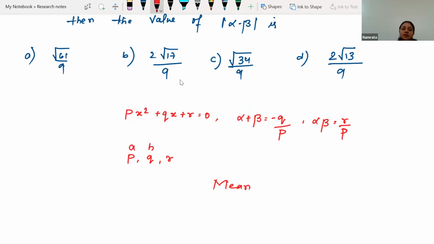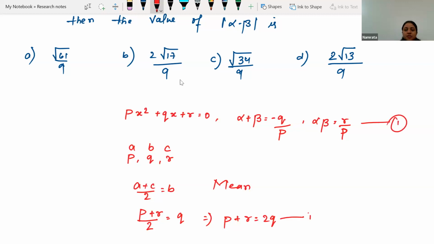If a, b, c are in arithmetic progression, then a plus c by 2 is equals to b, right? Similarly, can I write p plus r over 2 is equals to q, which says that p plus r is equals to 2q, right? Let's call this equation number 1, and this one equation number 2.